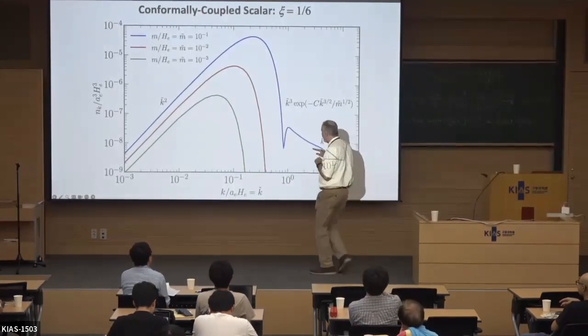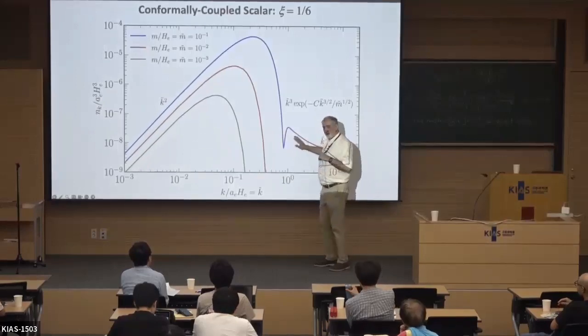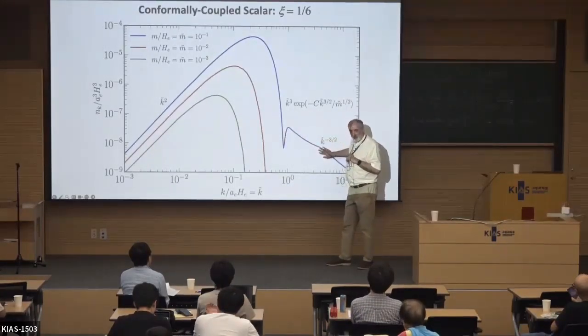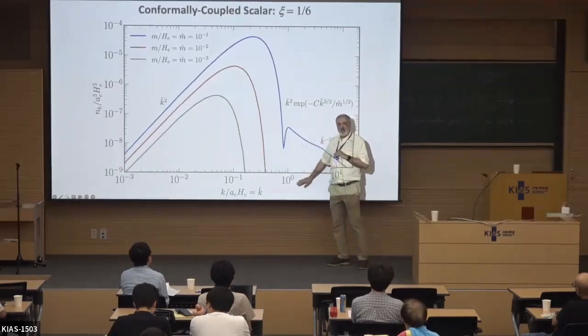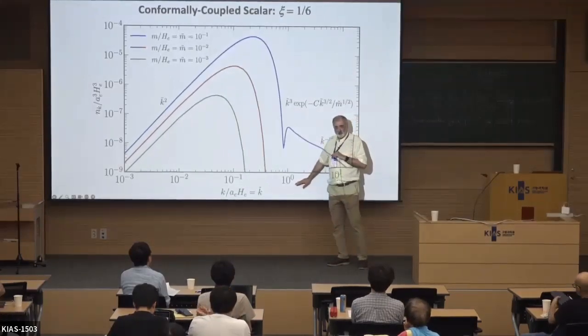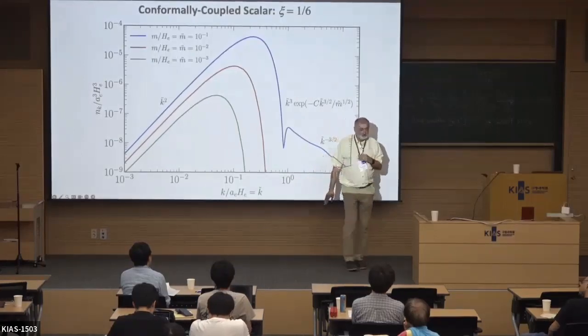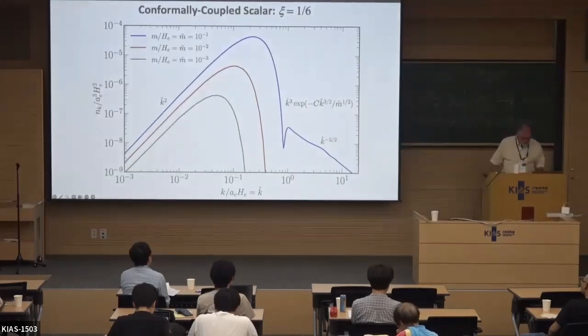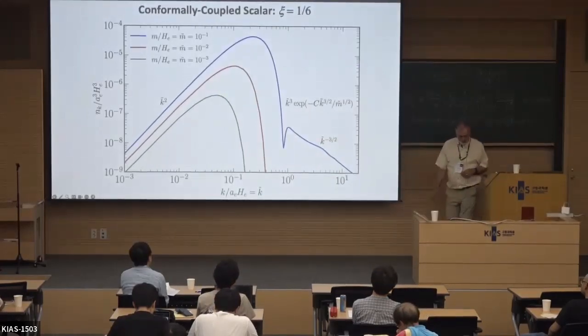So this is Bogoliubov also, but it's very difficult numerically to calculate it for large k because the equations are stiff. Okay, I understand. Thank you.